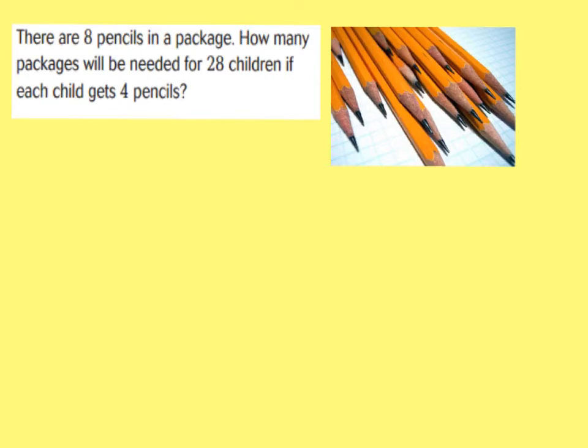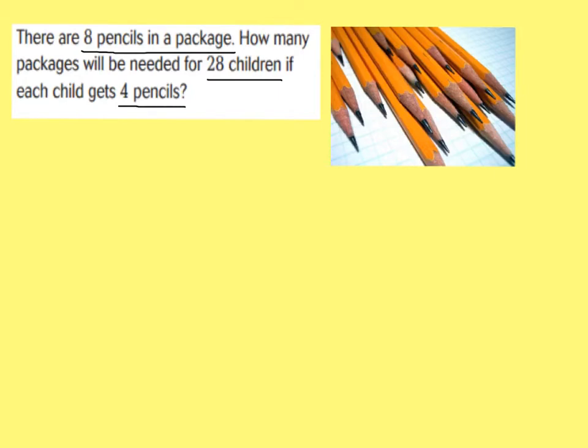The first thing that I'll want to do is go back into my story problem and identify my key numbers and words. The first thing that I notice is that we have 8 pencils in a package, or per package. Then this story problem tells me that there are going to be 28 children who get 4 pencils each.